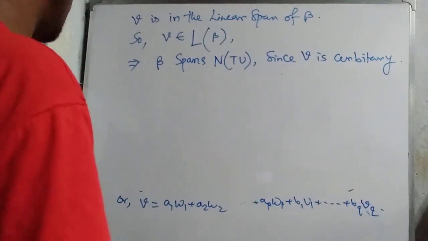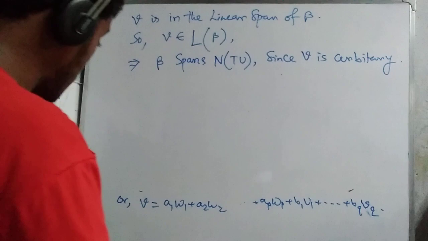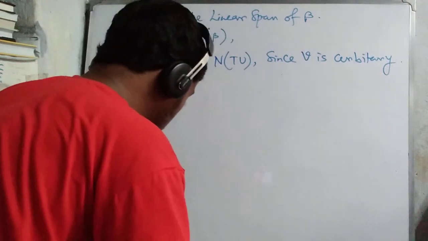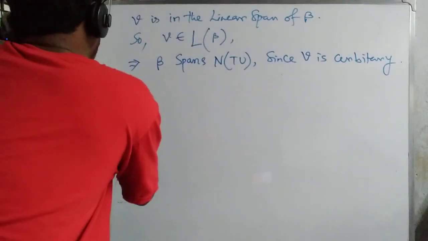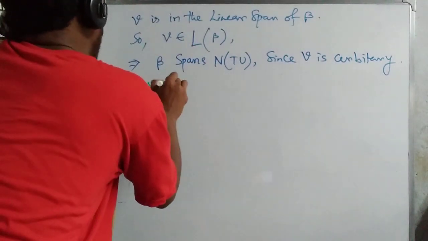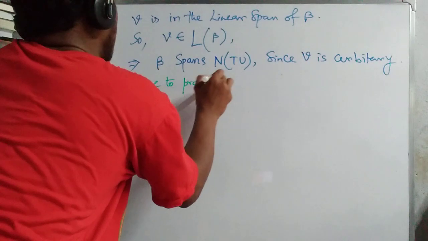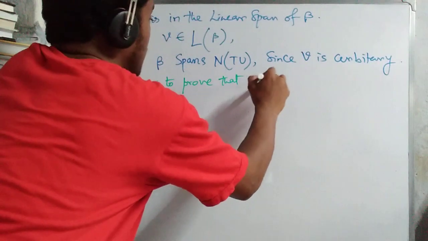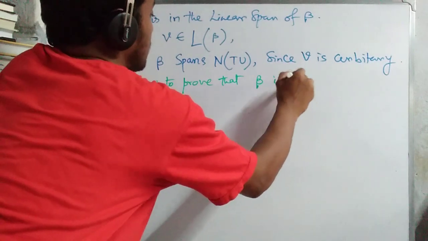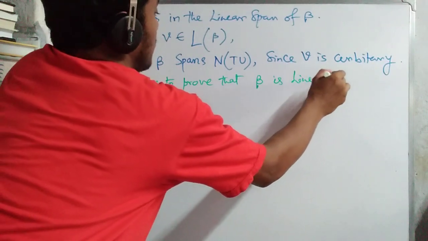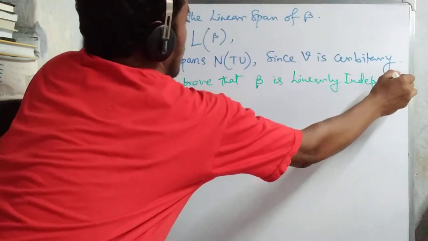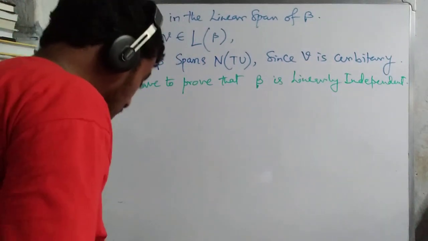Not a problem at all. Then we have to prove that beta is linearly independent. Understood? We have to prove this one.